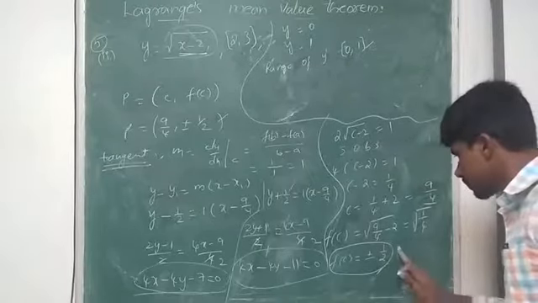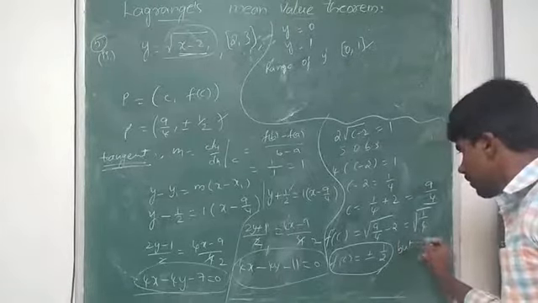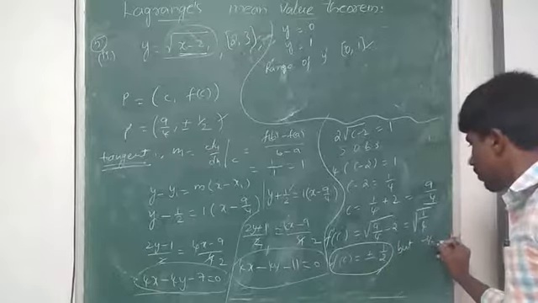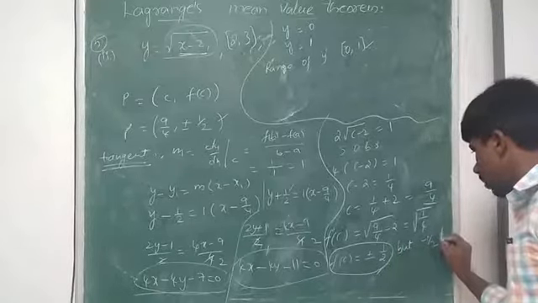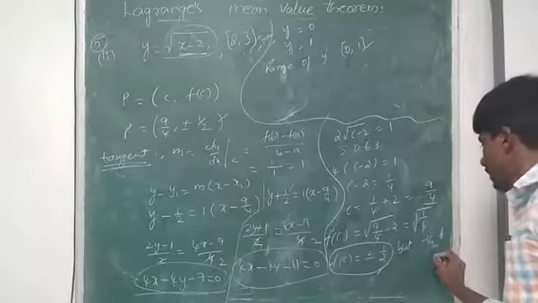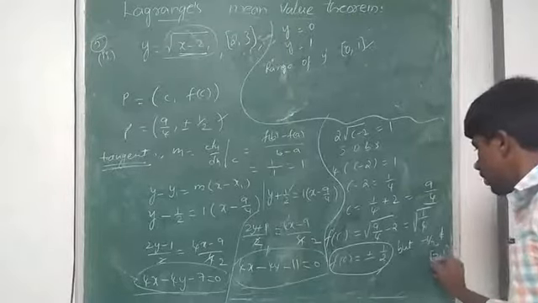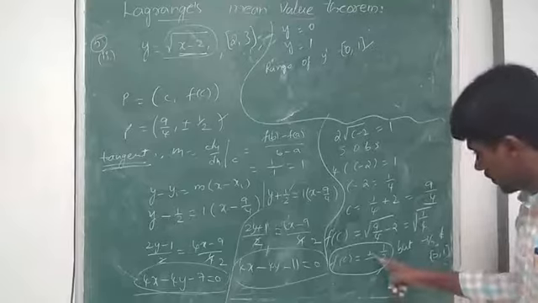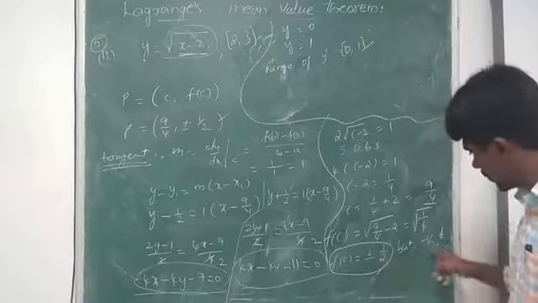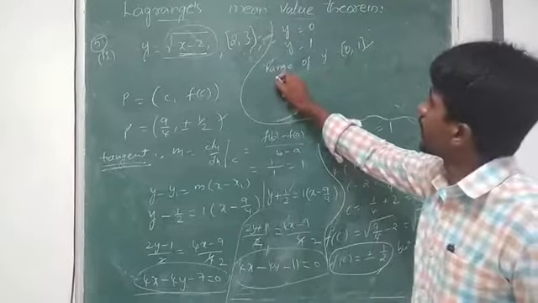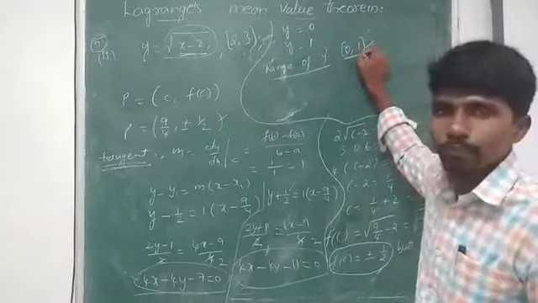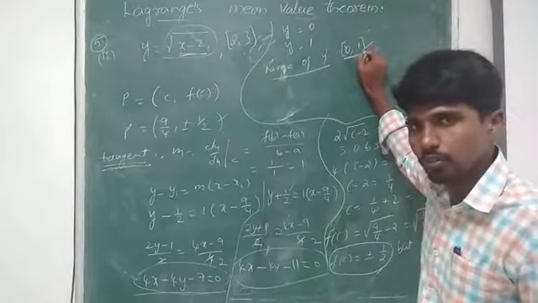But minus 1 by 2 does not belong to the interval 0 comma 1. You see, we got plus or minus 1 by 2, but you just check that the range of y is 0 to 1.